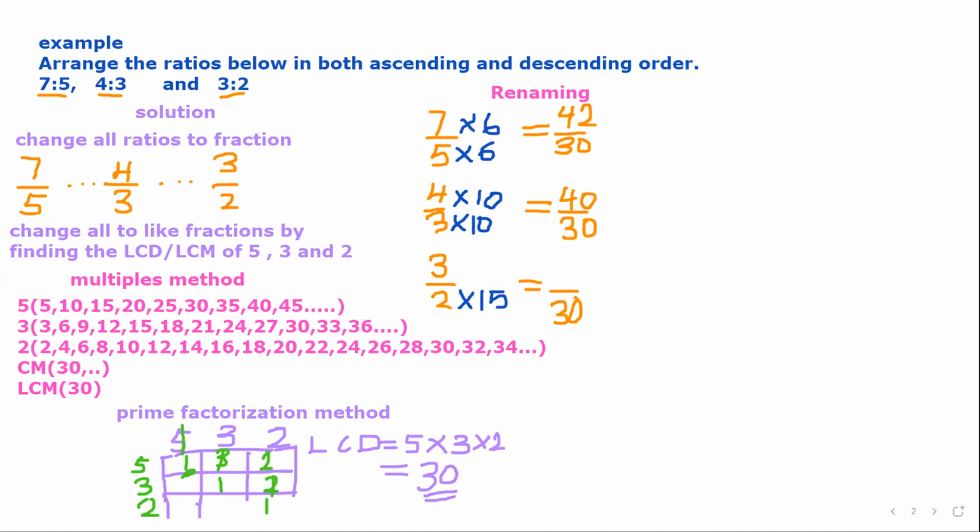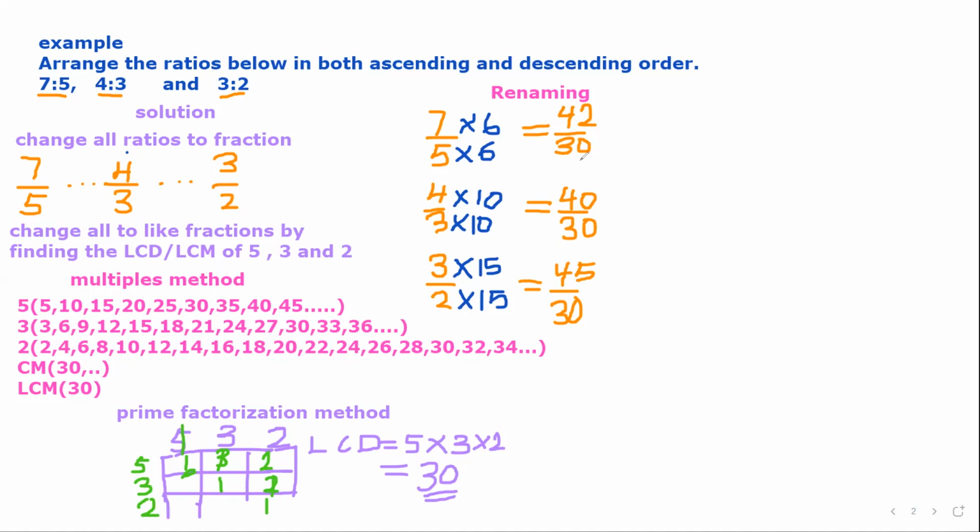And when you multiply, you get what? 15 times 3. So here you multiply 3 by 15, and that one too is 45. Okay. Good.